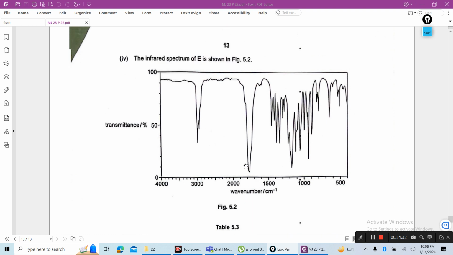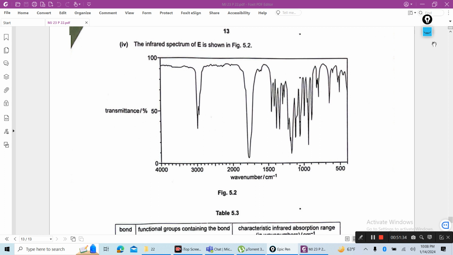Now you see this is an IR spectrum. This is the sharpest peak, this and this.